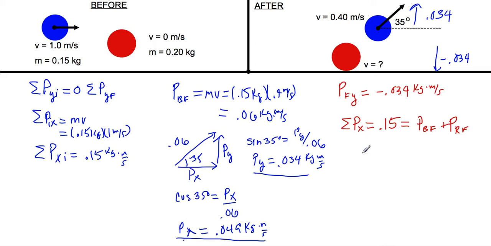And I'm going to kind of just move this over. 0.15 is equal to the momentum from the blue ball, which is 0.049, plus the momentum from the red. So our final red momentum is going to equal 0.101 kilograms times meters per second.